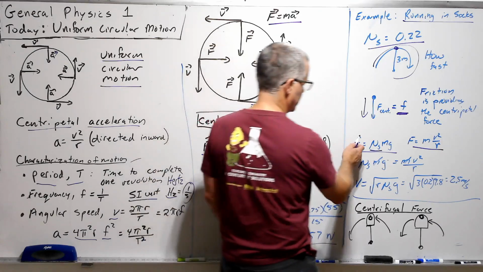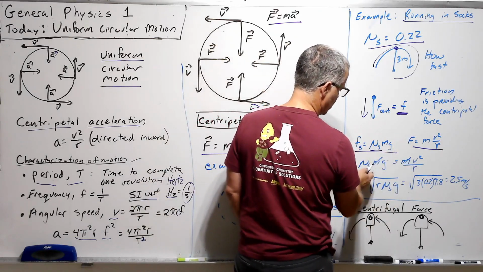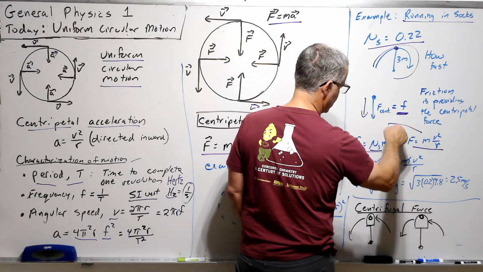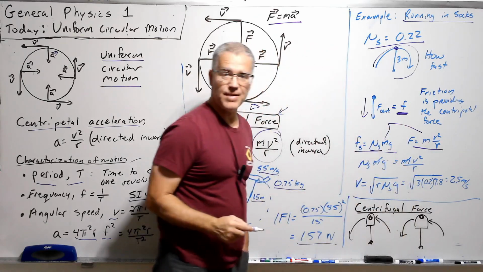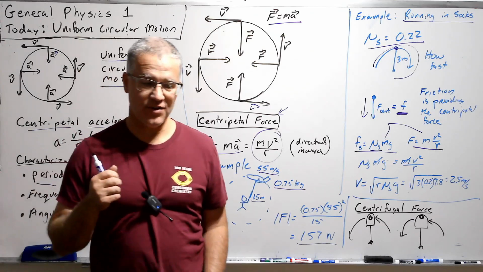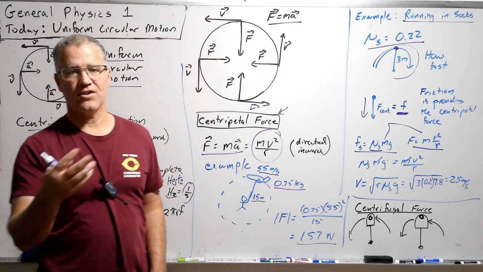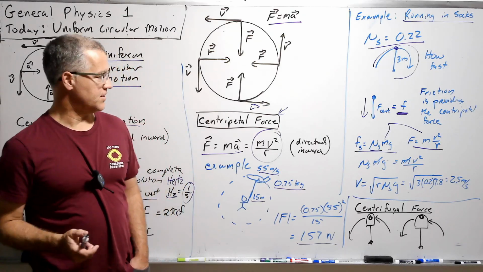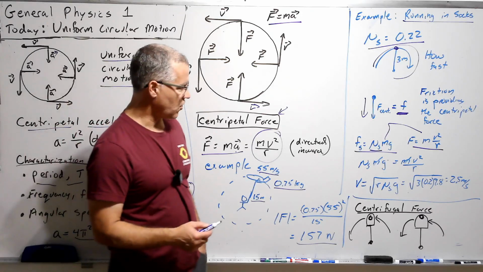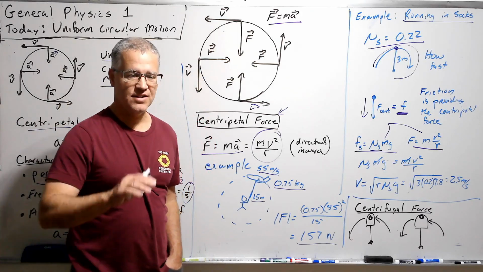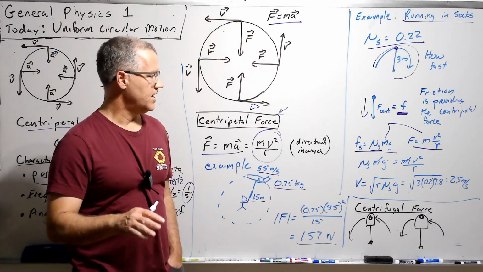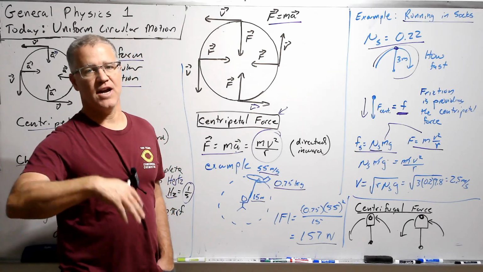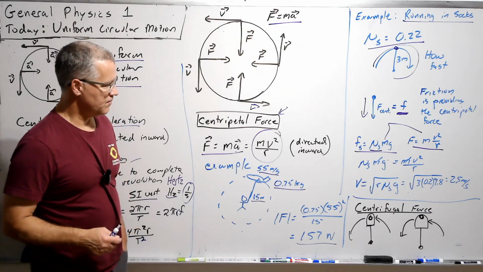The static friction is providing the centripetal force, so we can equate these two. And notice the mass cancels. So whether it's me running or you running or anybody with a different mass, doesn't matter. It's mass independent, this answer. It's only going to depend on the coefficient of static friction and the speed to determine whether you'll wipe out or not.